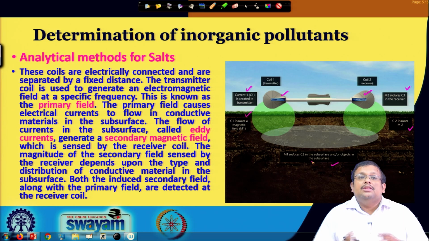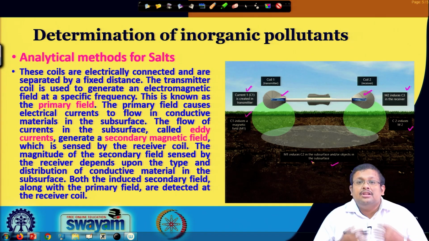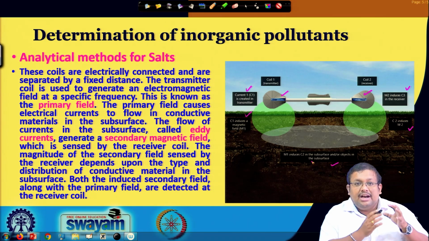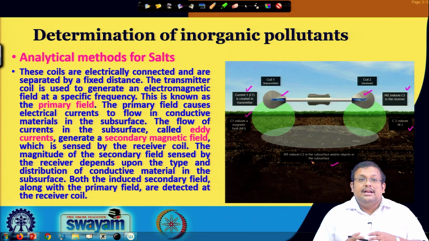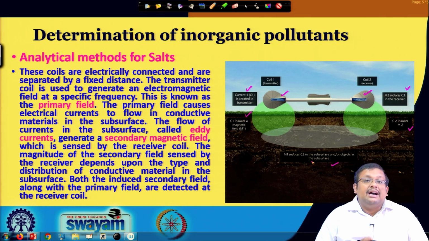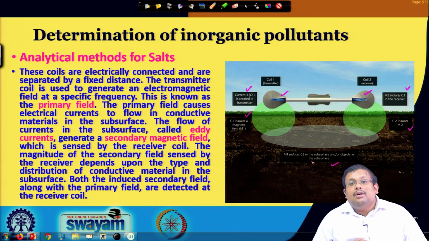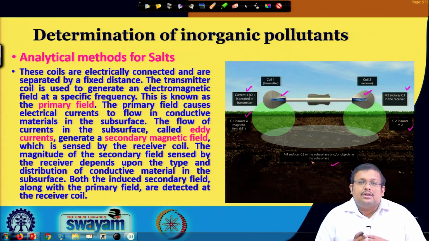So, depending on the concentration of the salts and depending on the composition of the salts, the magnitude of the secondary field sensed by the receiver varies, and both the induced and secondary fields along with the primary field are detected at the receiver coil.